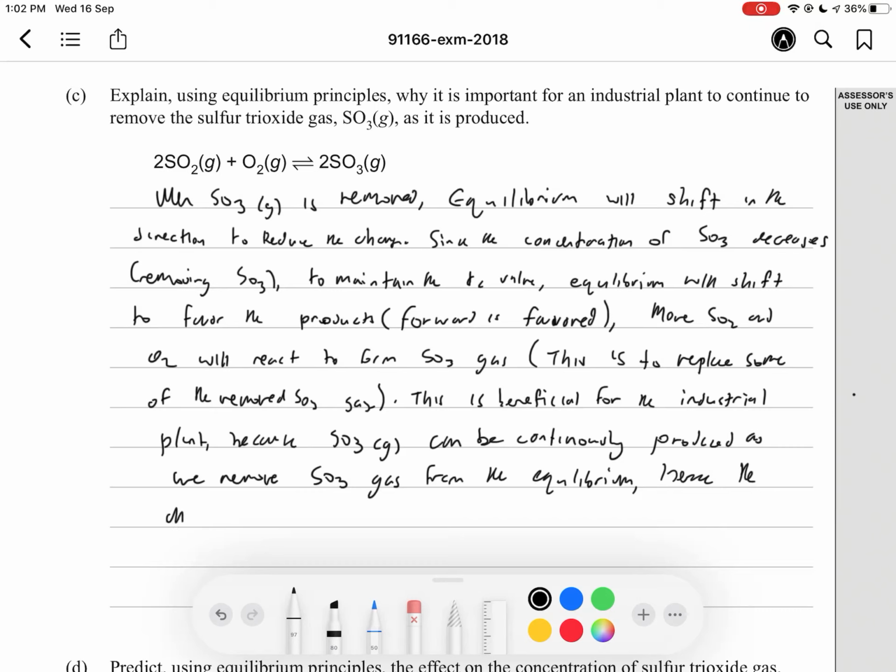Hence the concentration of SO3 gas produced increases. And that's really all we need to say for this question, okay?